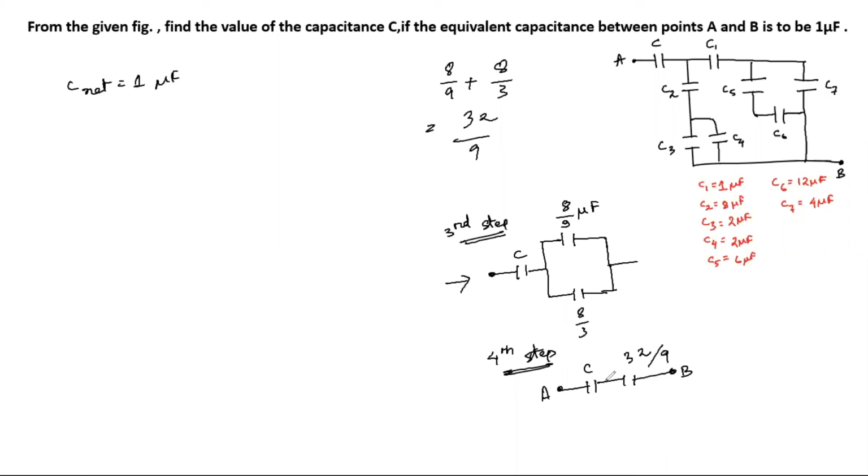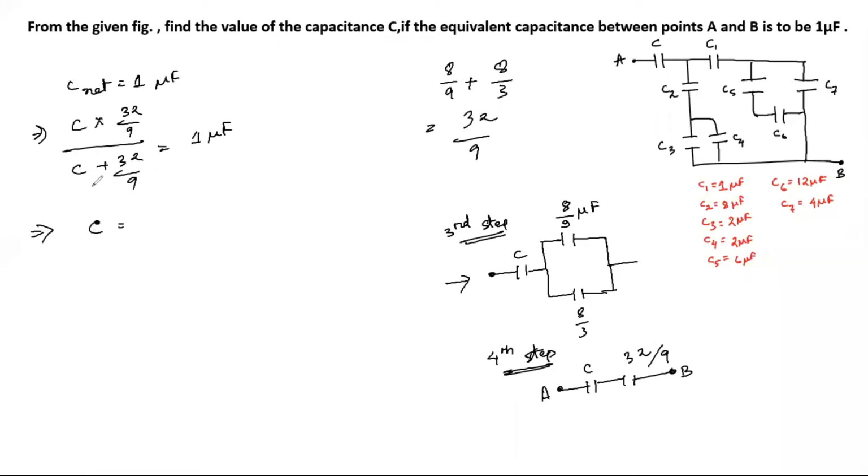Now, since these two capacitors are connected in series, C into 32 by 9 divided by C plus 32 by 9, which is 1 microfarad. Right. And when you calculate this equation, you should be able to find the C value.